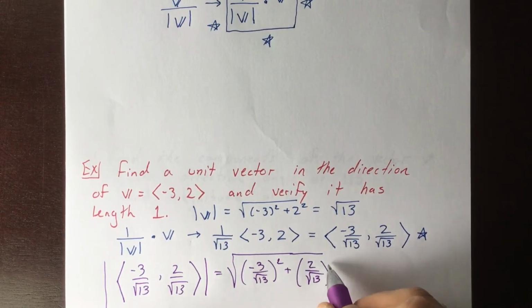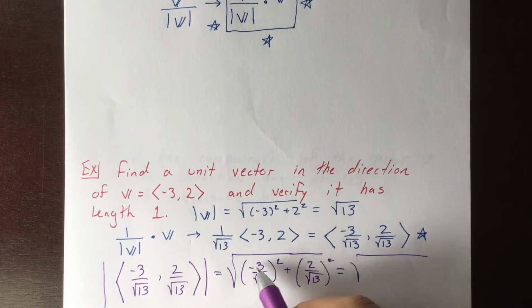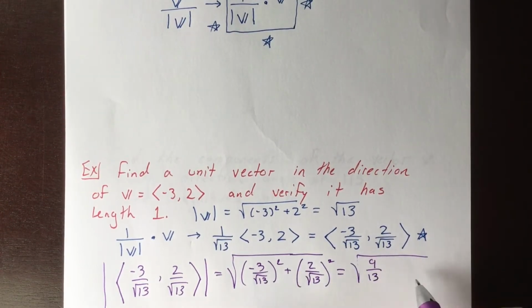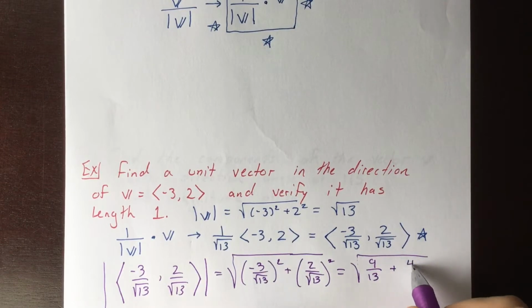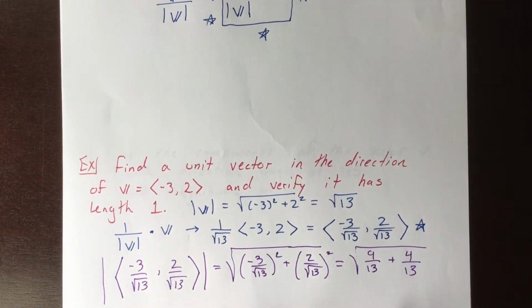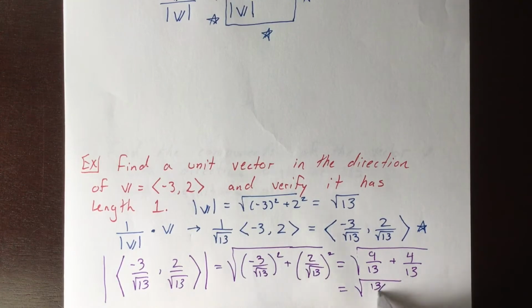So that would be square root of 9 over 13, plus 4 over 13. Simplifying, with a common denominator, 9 and 4 is 13 over 13, which is 1. So yes, we see that the magnitude is, in fact, 1.